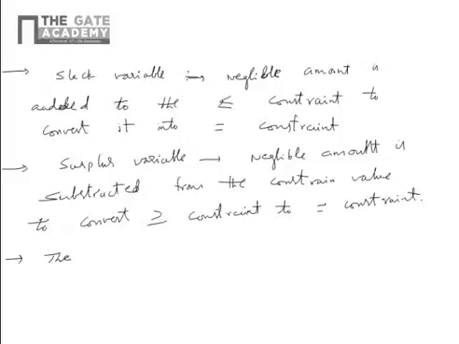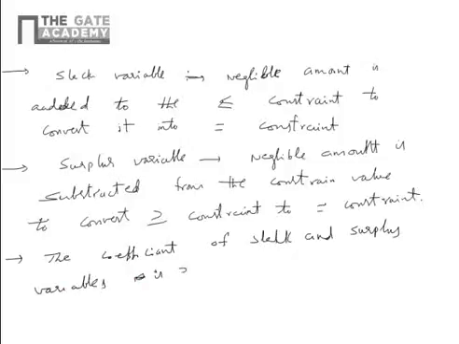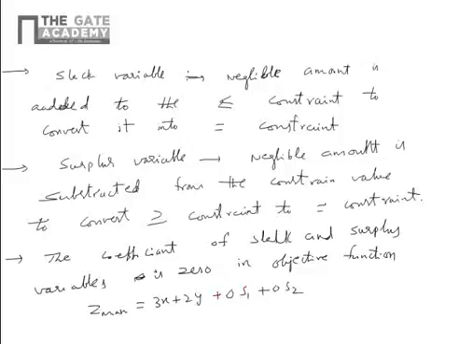The coefficient of slack and surplus variables is 0 in objective function. Z max equal to 3x plus 2y plus 0 s1 plus 0 s2. S1 and S2 are slack and surplus variable.